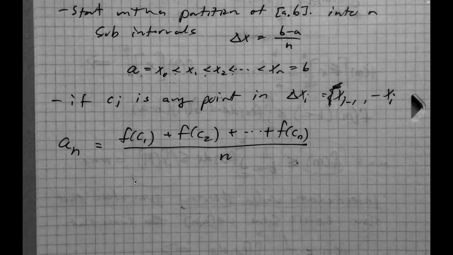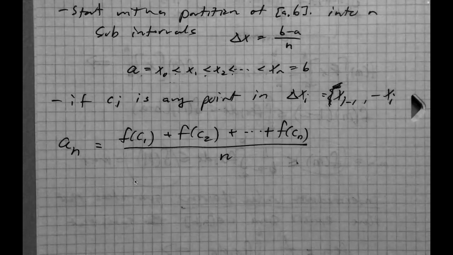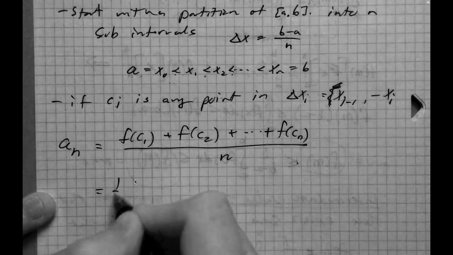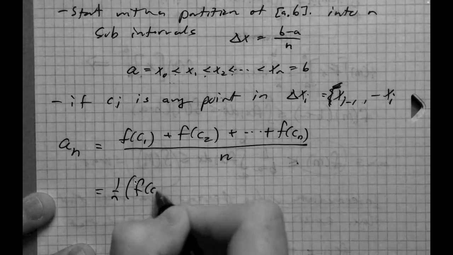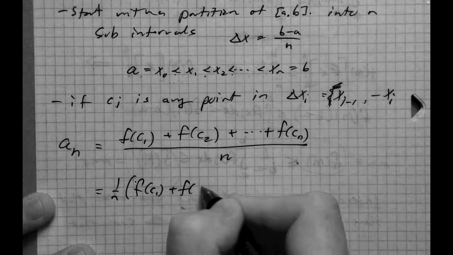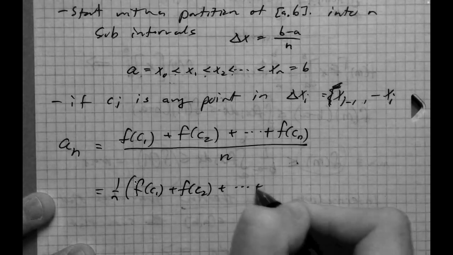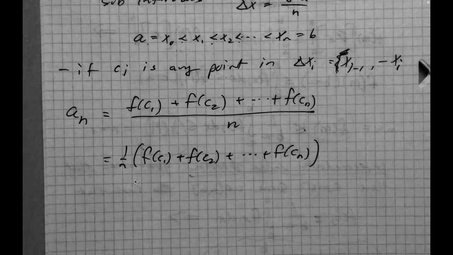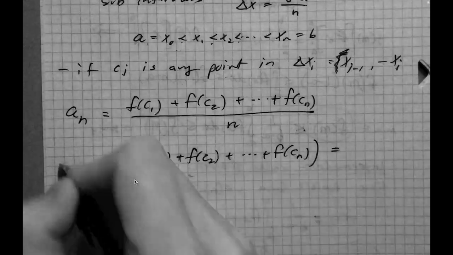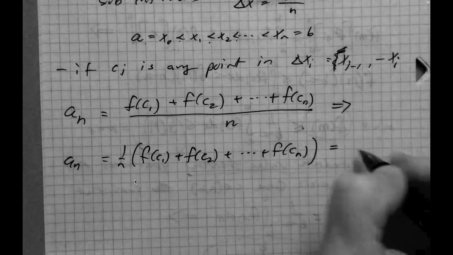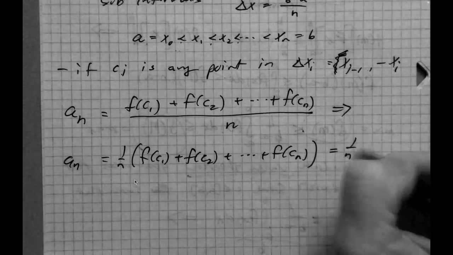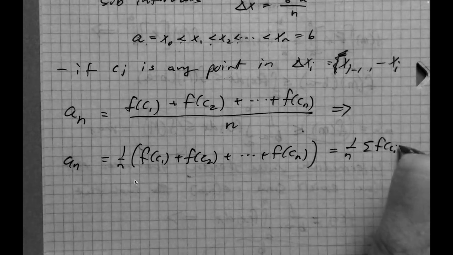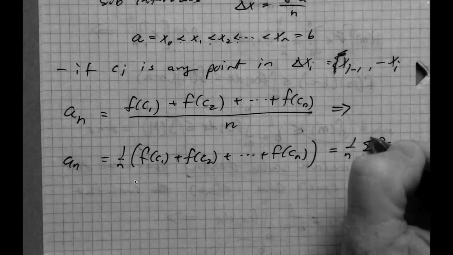So there's a bunch of ci values. What's the average of them? This is it. Okay, and so let's write that like this. Just moving the n out front here, the 1 over n. And so then, of course, that's equal to 1 over n times the sum of f of ci, i equals 1 up to n.